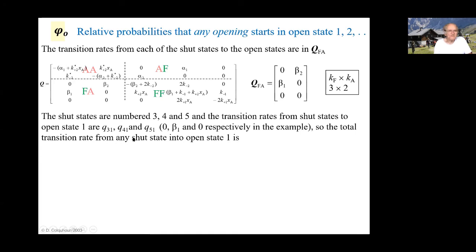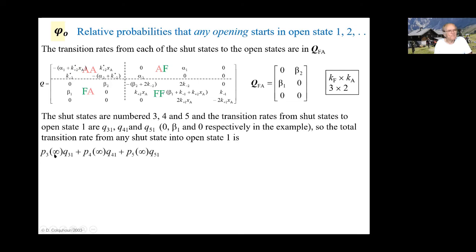So the total transition rate from any shut state into open state 1 is, at equilibrium, weighted by the occupancies, which stand for the concentrations of the receptor in each state.